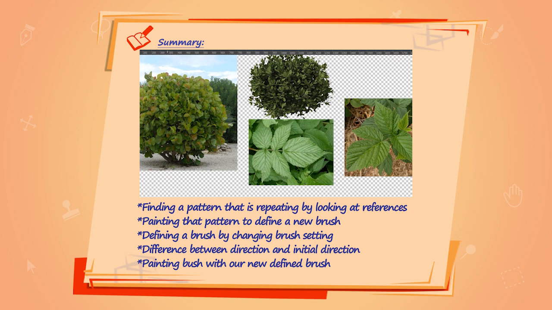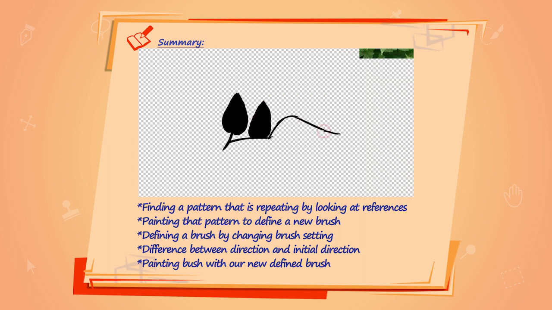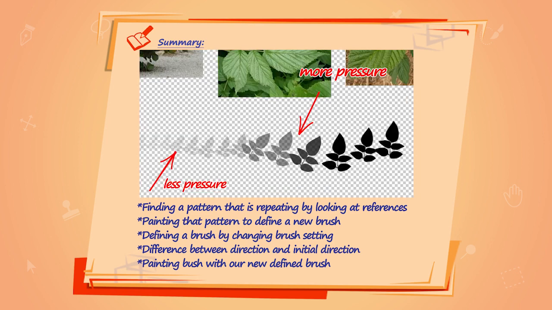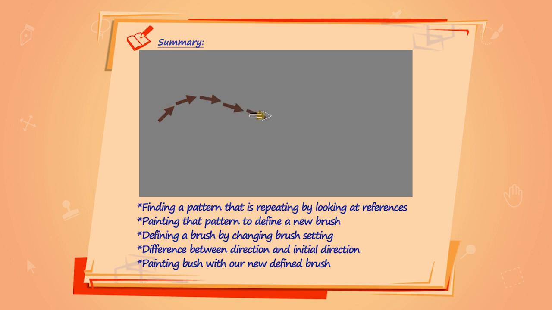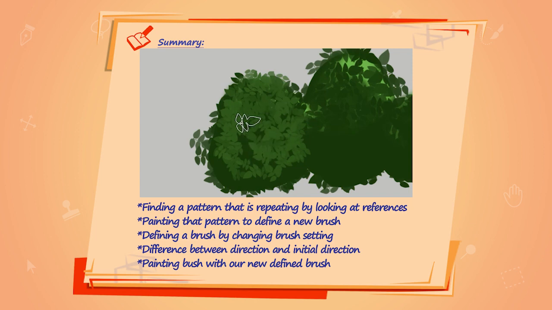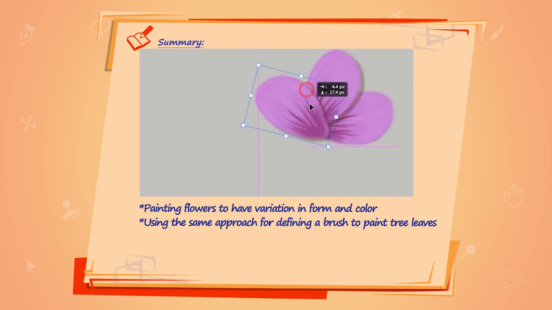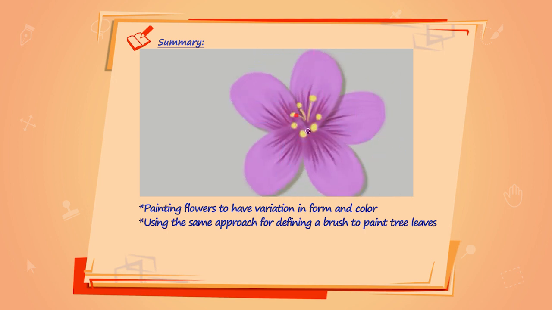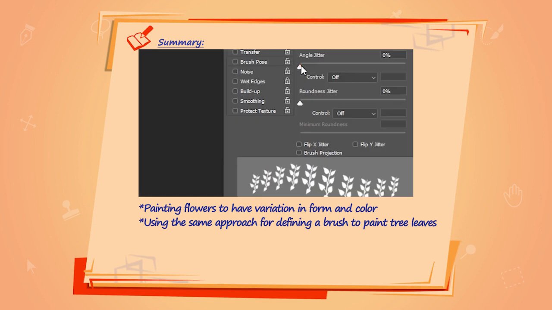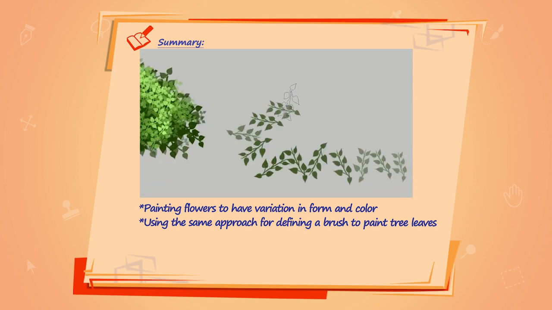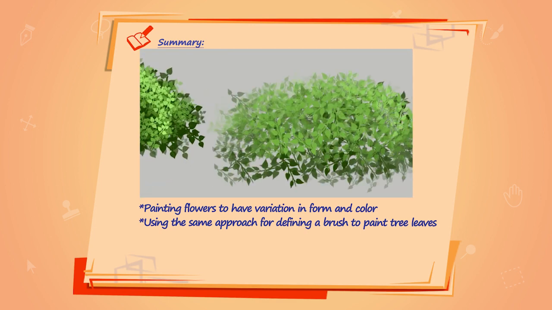We talk about finding a pattern that is repeating by looking at references, painting that pattern to define a new brush, defining a brush by changing brush settings, difference between direction and initial direction, painting bush with our new defined brush, painting flowers to have variation in form and color, using the same approach for defining a brush to paint tree leaves.